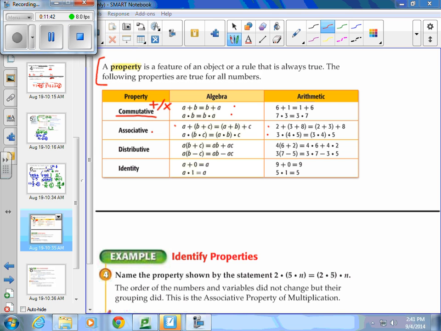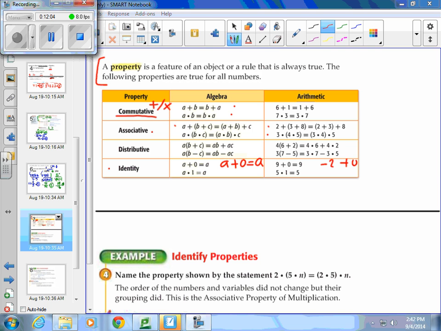Distributive, which we will talk more about later on. I'm actually going to skip distributive right now. Identity property: for addition, anything plus 0 is just going to be that number. So 9 plus 0 equals 9.